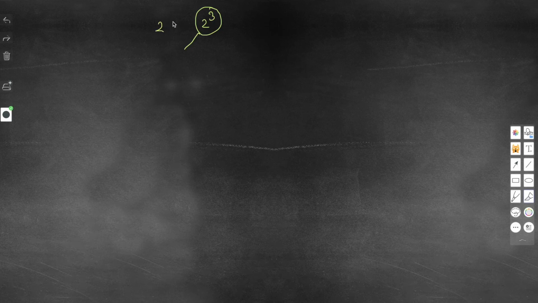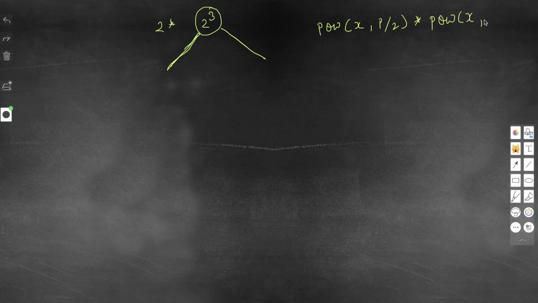So whatever answer I get, I will multiply with 2. Before that I need to calculate the result from its subproblem. I'm calling the power function with x as it is and power divided by 2, making two calls, left and right.